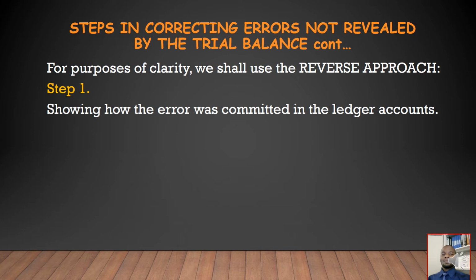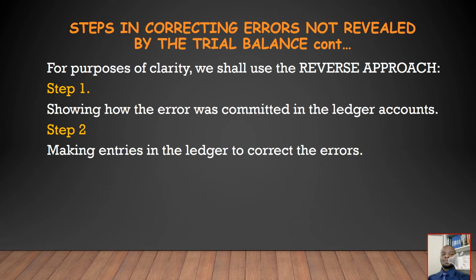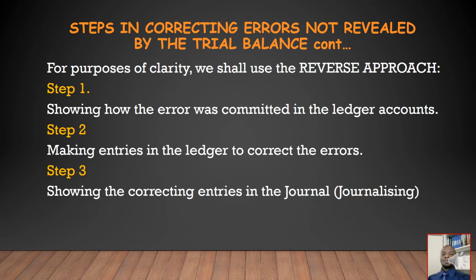So we're going to show how the error was committed, and then number two, we shall make entries in the ledger to correct the errors. And then number three, we shall show the correcting entries in the journal, which is also referred to as journalizing. So these are the three steps that I want us to take in as far as the approach to this topic is concerned.